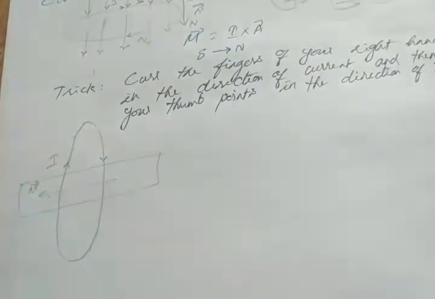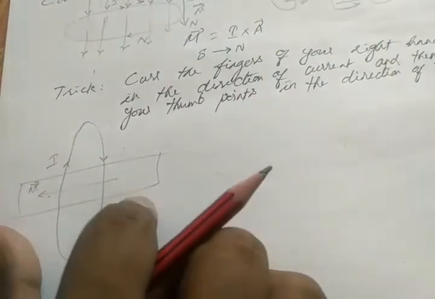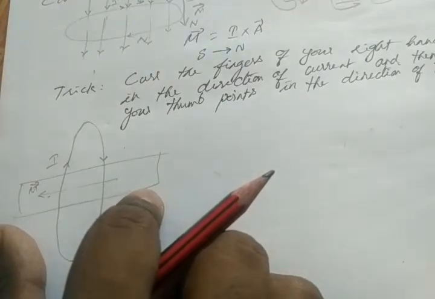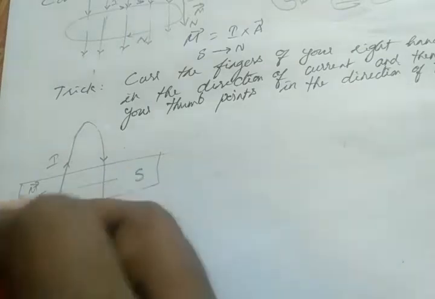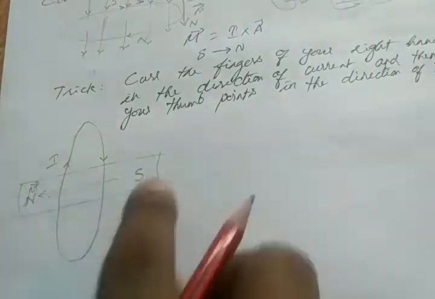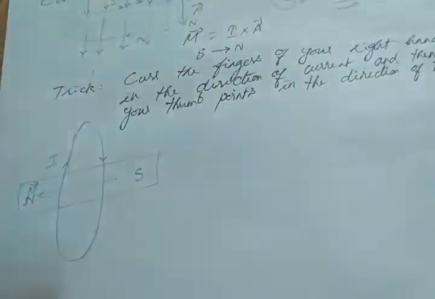So it will behave as a magnet. I draw one imaginary magnet. Which is south and which is north? Magnetic dipole moment starts with south and ends with north. So this is south, this is north. Now this loop behaves as a magnet.